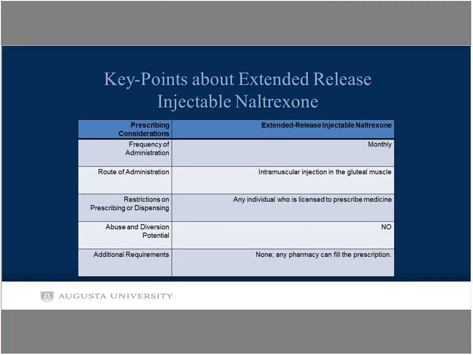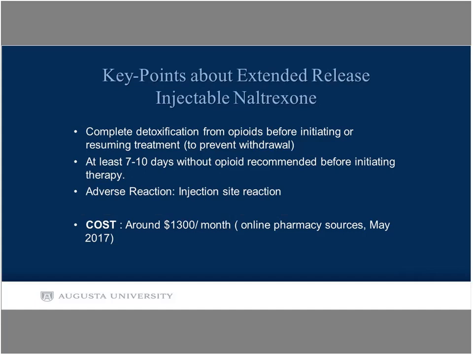It's an intramuscular injection. Some of the downsides are that there's the potential for adverse reactions near the injection site. You have to be completely detoxed from opioids before you can initiate Vivitrol. And the cost is really prohibitive in a lot of ways. It costs about $1,300 per month for a Vivitrol injection.